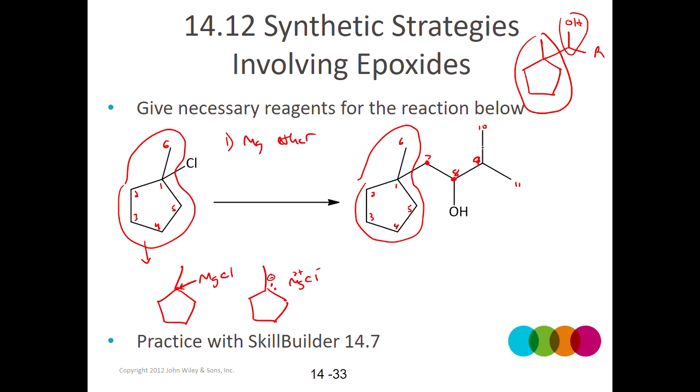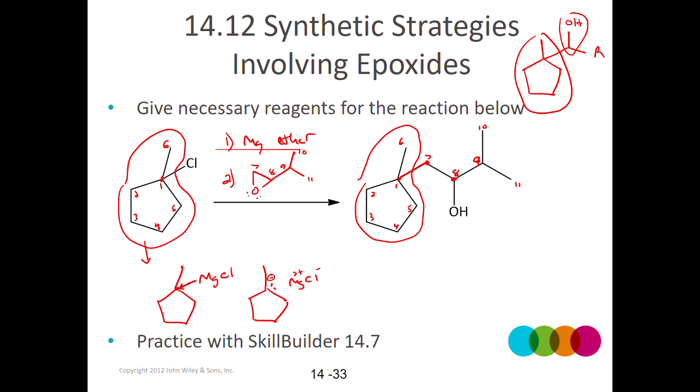And then I need to add these other carbons. So the next thing I'm going to add would be that carbon arrangement. 7, 8, 9, 10, and 11. And I'm going to set up between 7 and 8 an epoxide. I need carbon 1 to connect to carbon 7.